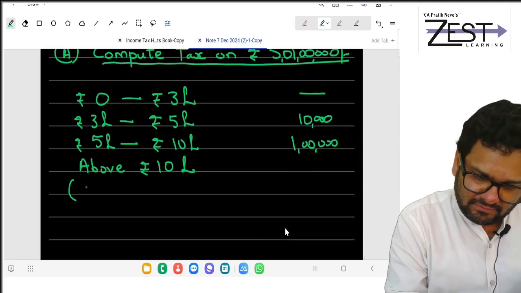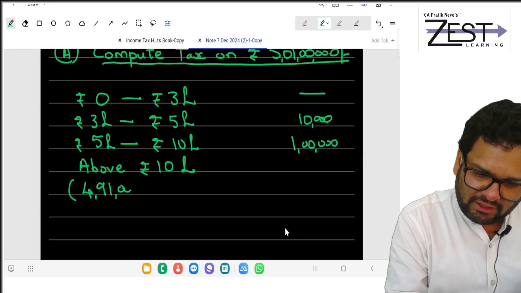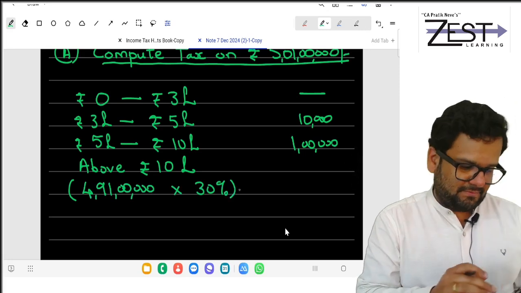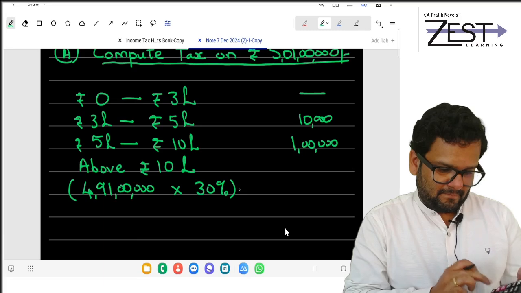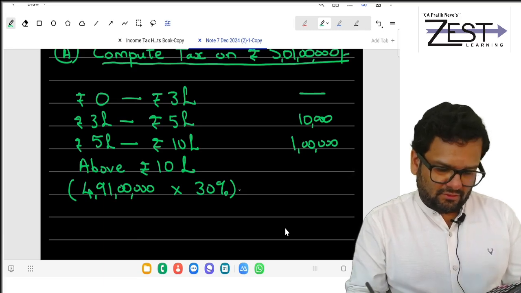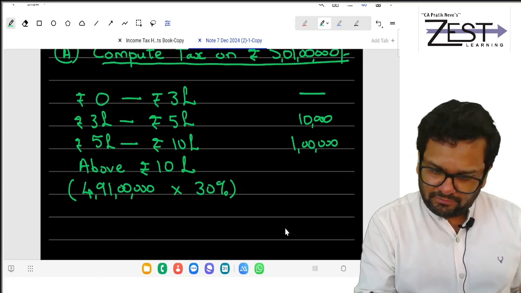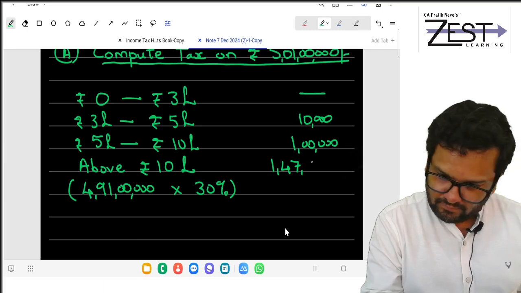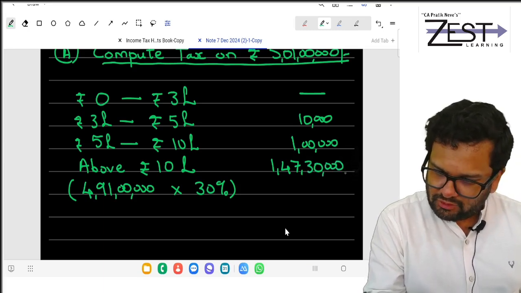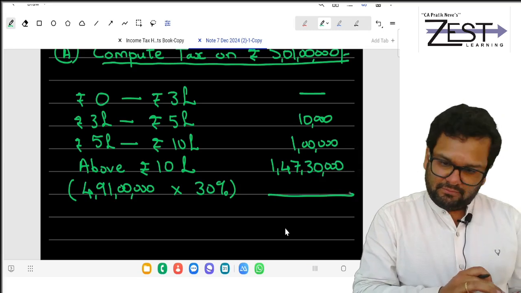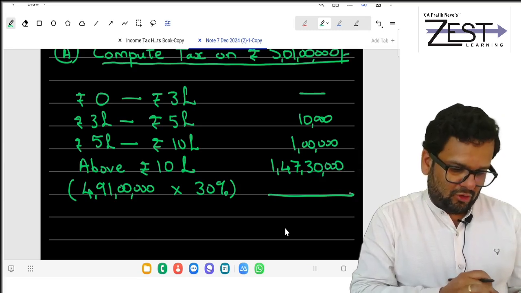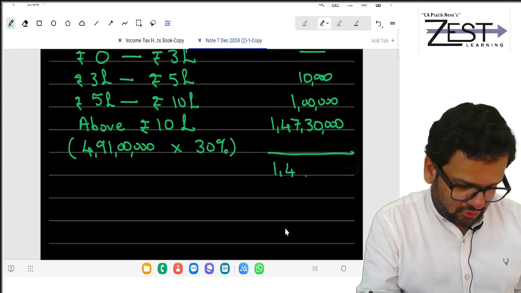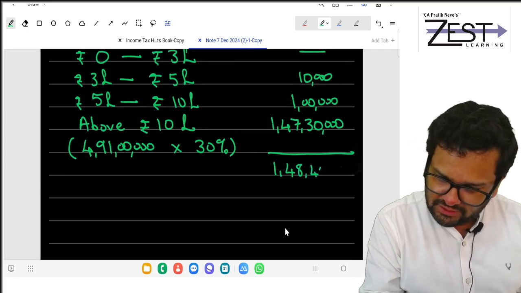and here I think 4 crore 91 lakh into 30%. Is it 1 crore 47 lakh? So big figures you have dealt with today. How much are you getting? 1 crore 48 lakh. What is this?